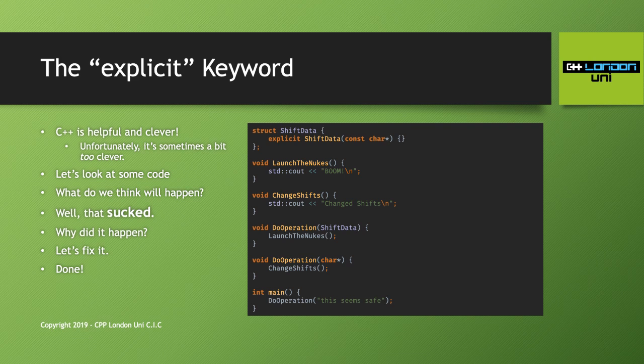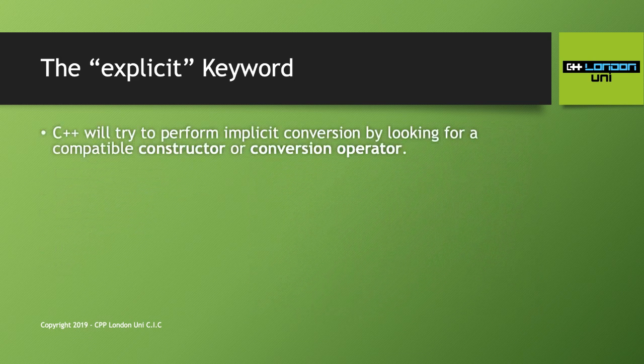So we're done with that. As I just said, it will look for a compatible constructor or conversion operator. I will cover conversion operators in a separate session, but don't worry about them too much for now. But just so you know the rules, there are two ways of doing this implicit conversion: through a constructor or something known as a conversion operator.